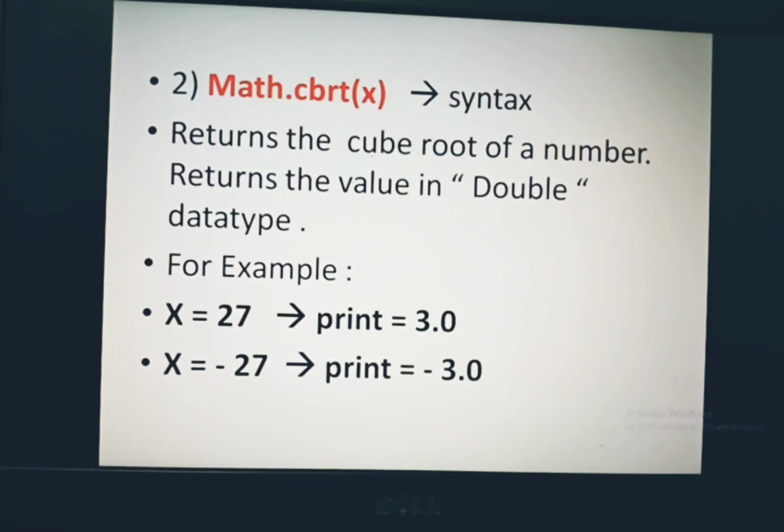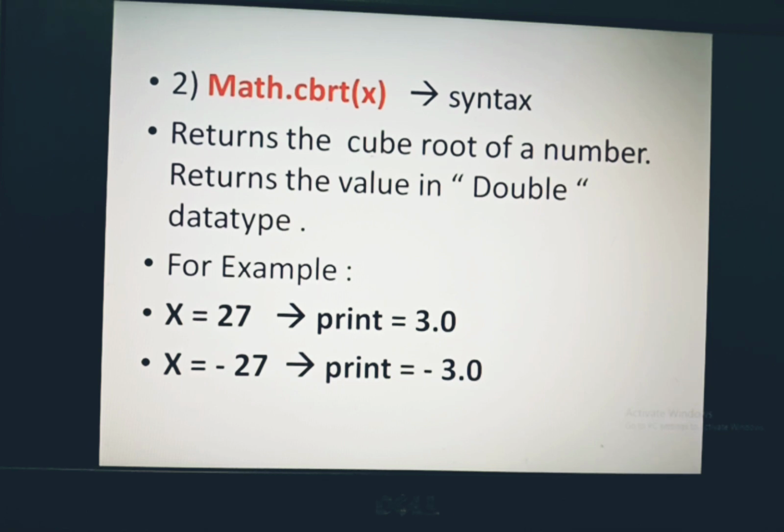So our second function is Math.cbrt. This is the syntax for this function, and it returns the cube root of a number. It will always return the value in double data type. If you input the value in int, it will still return the value in double data type.